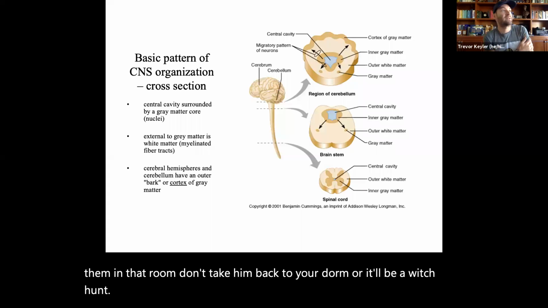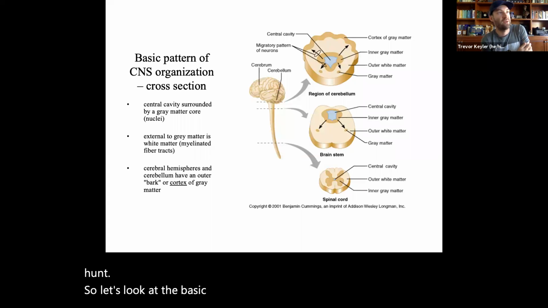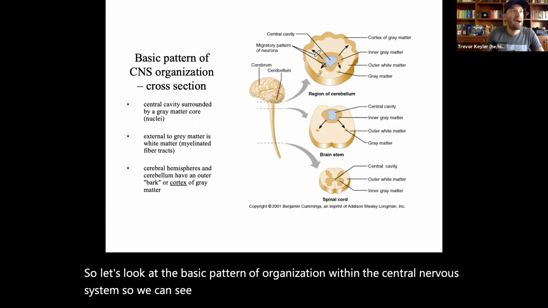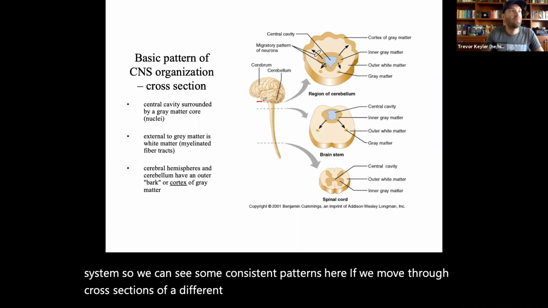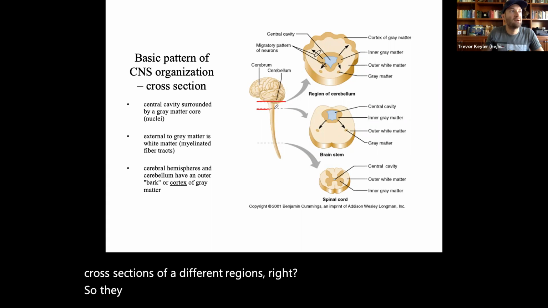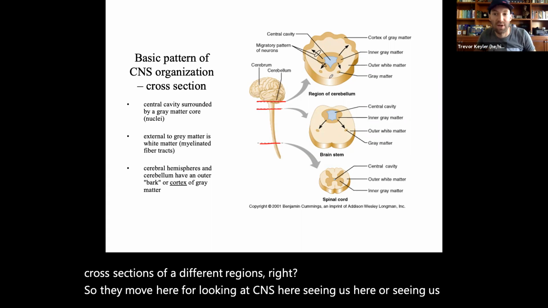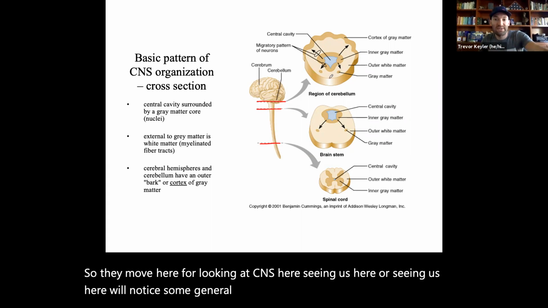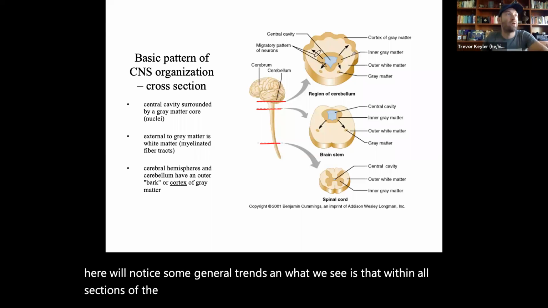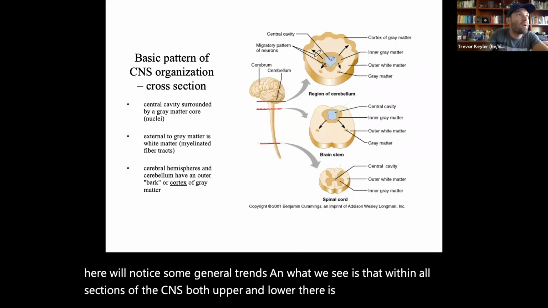So let's look at the basic pattern of organization within the central nervous system. We can see some consistent patterns here if we move through cross sections of these different regions. If we're looking at CNS here, or CNS here, we'll notice some general trends. Within all sections of the CNS, both upper and lower, there is a central cavity.